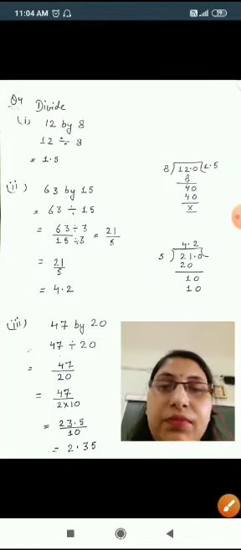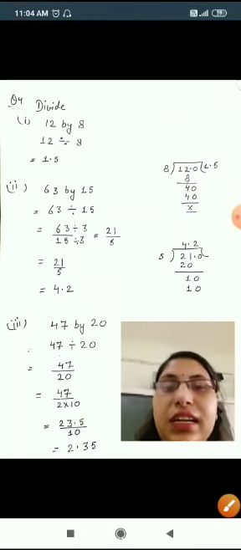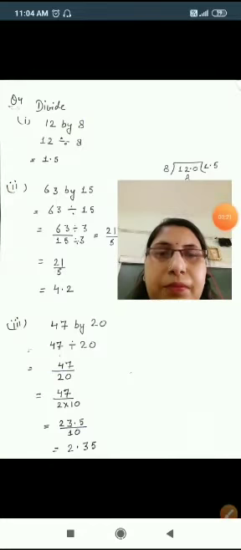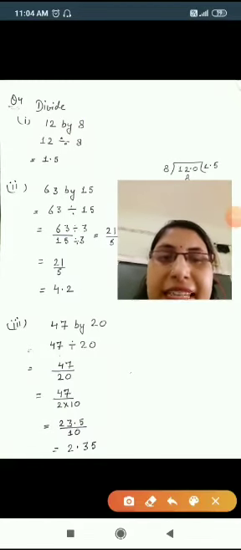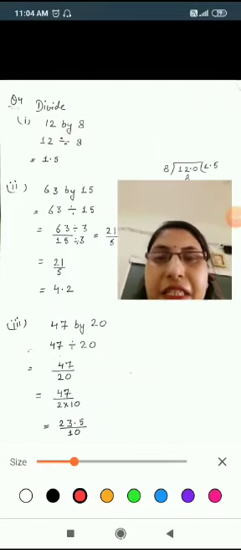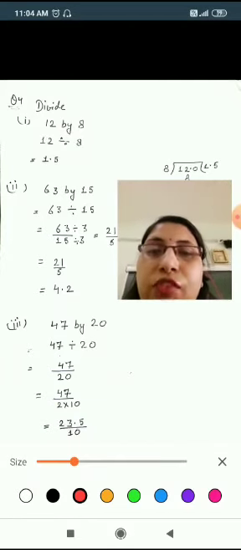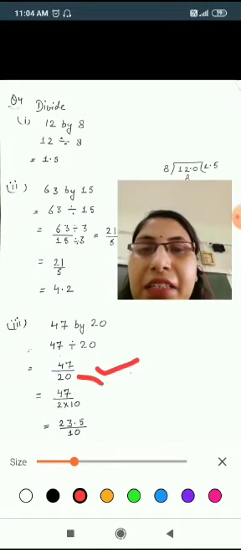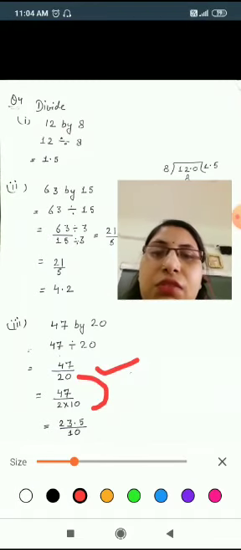Clear everyone? Now let us do the third part. See the third part. 47 divided by 20. So what we can do, 47 upon 20 we can write. Now the 20 we can split. We can write it 2 into 10.